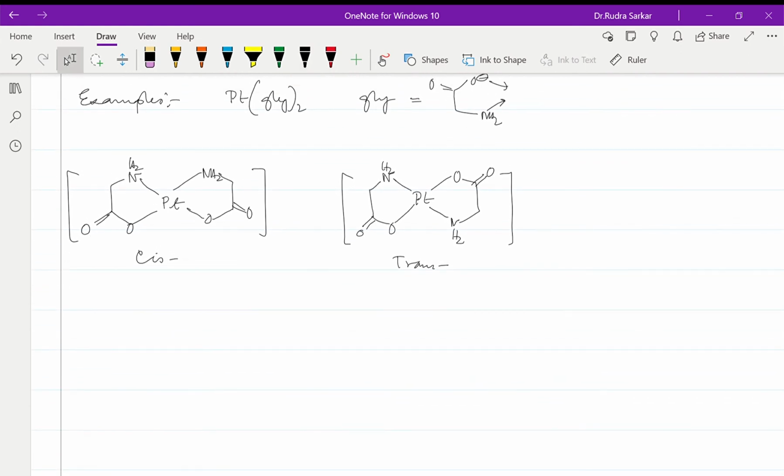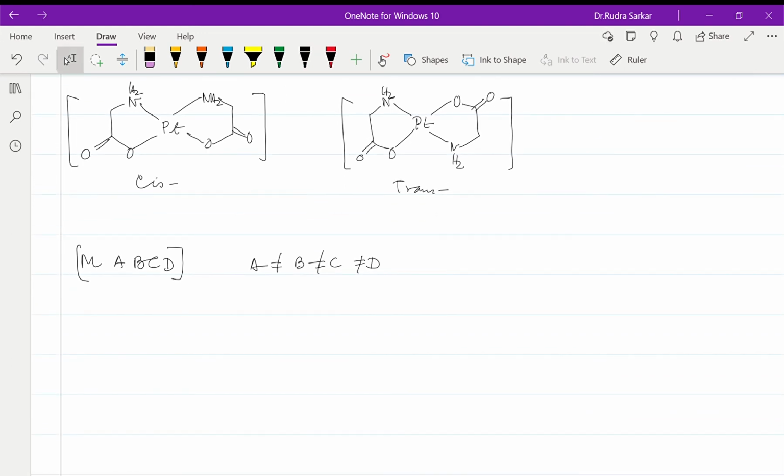Now, there can be another type, which is going to be MABCD. We will say that A is not equal to B, B not equal to C, C not equal to D. So here all the monodentate ligands are different. How many isomers are possible in such a case?